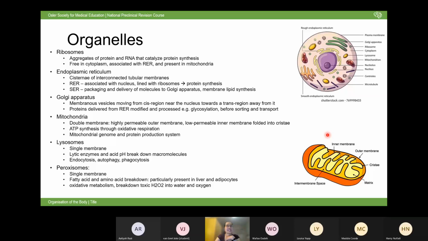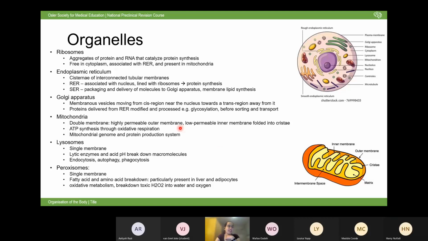And again, I think someone else is going to tell you about ATP synthesis in more detail, but essentially the basics that you need to know are that inside the matrix, which is essentially the cytoplasm of a mitochondria, is where the Krebs cycle happens, and the Krebs cycle produces NADPH, and then NADPH has to be oxidized back into NADP, which moves hydrogen ions out from the matrix into the intermembrane space, and then the electrochemical gradient produced by that between the outer and the inner membrane then allows hydrogen ions to move down through ATP synthase, which produces ATP.